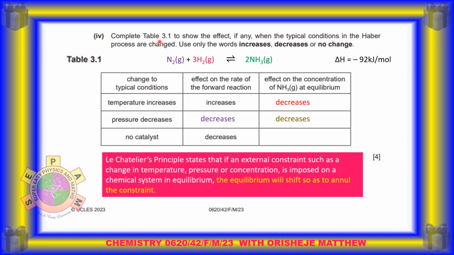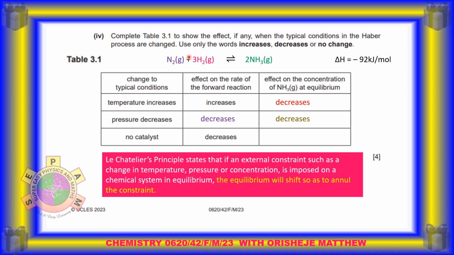The reaction will take place here. The one with more molecules will have higher concentration, so the rate of collision here will increase. So in order to annul this decrease, eventually it's going to decrease this one because less amount of this will be produced.